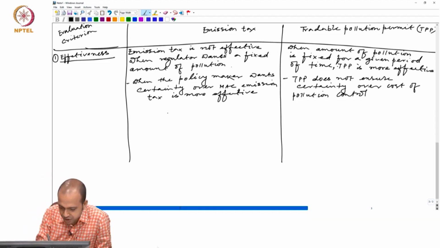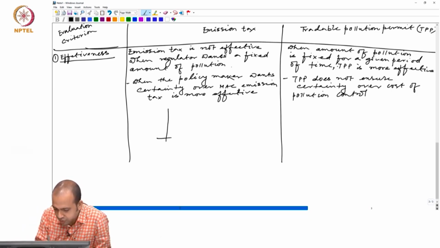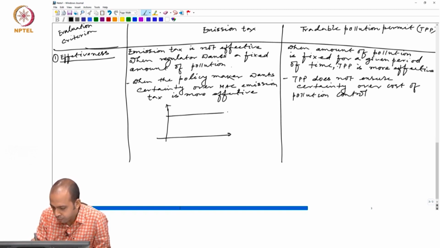And we have also discussed alternative scenarios, if you remember, when the marginal benefit is known but the marginal cost is unknown.